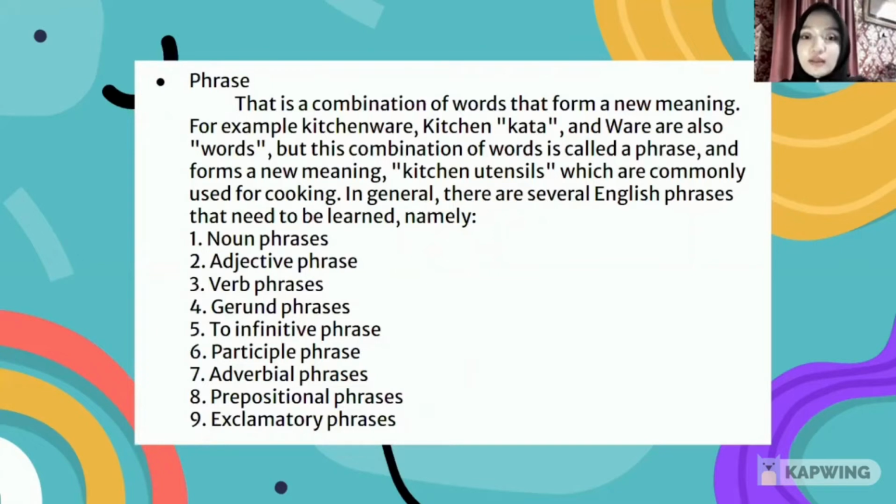In general, there are several English phrases that need to be learned, namely noun phrases, adjective phrases, verb phrases, gerund phrases, to-infinitive phrases, participle phrases, adverbial phrases, prepositional phrases, and exclamatory phrases.